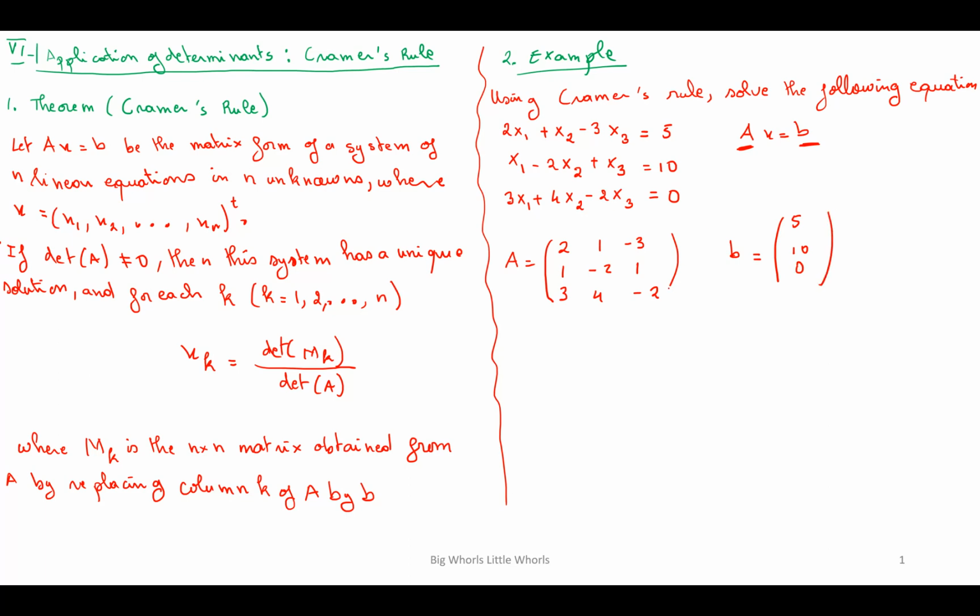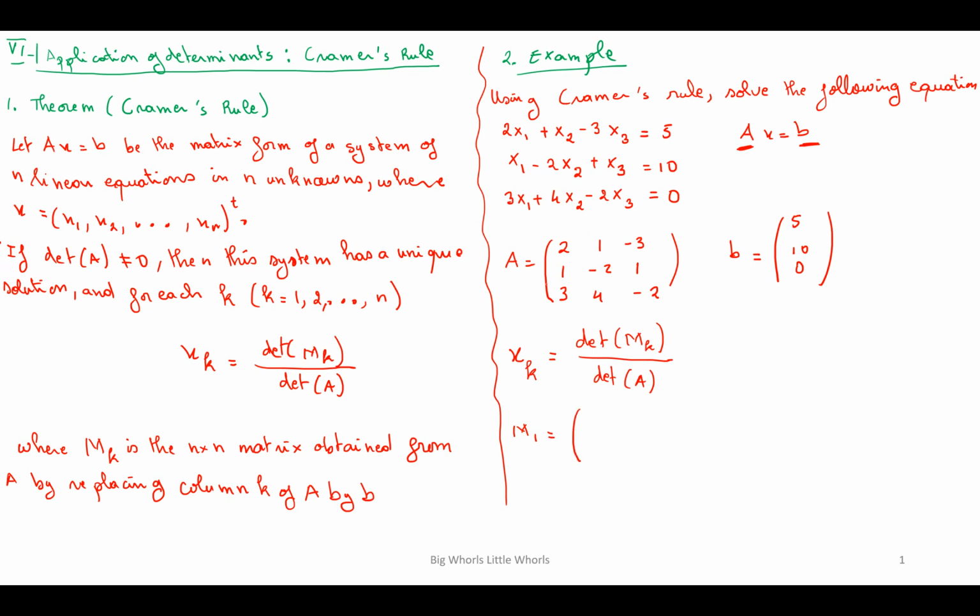So we will assume, as the theorem says, that if the determinant of A is different from 0, that means A is non-singular, then the system has a unique solution, and the solution xk is the determinant of Mk over the determinant of A. How do we get M1?